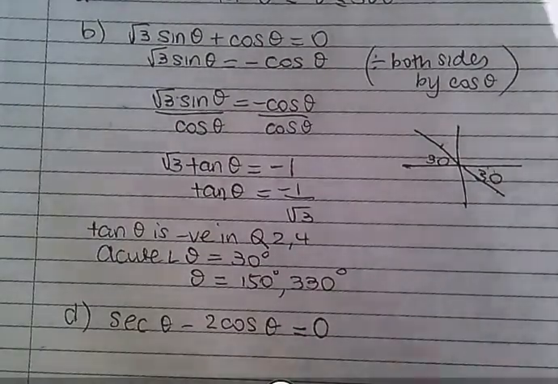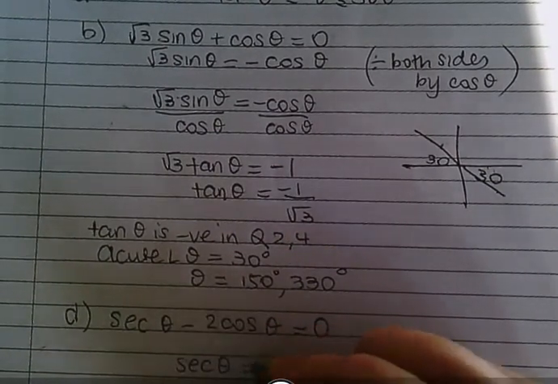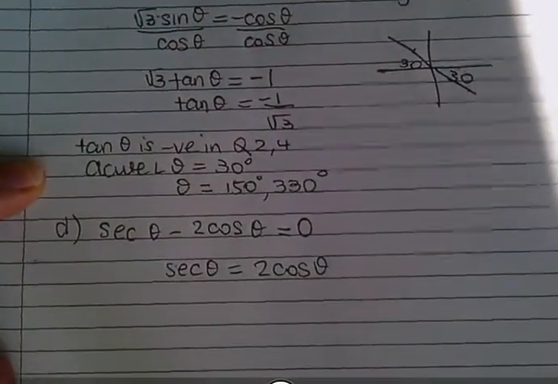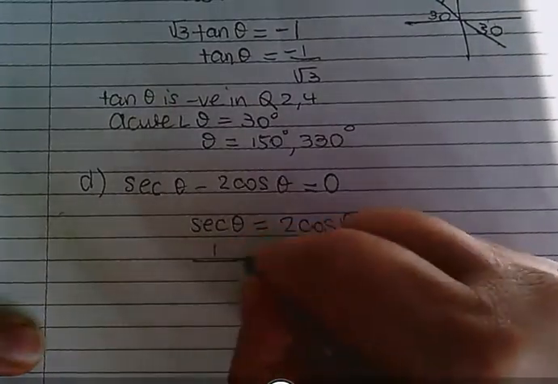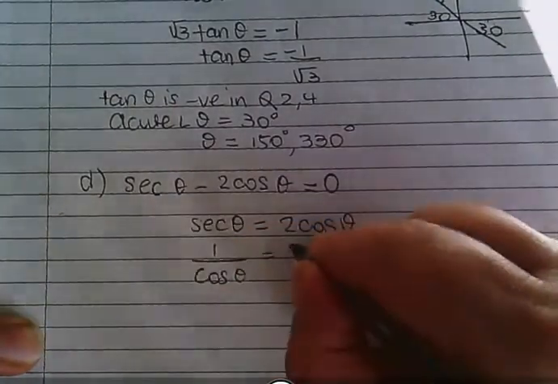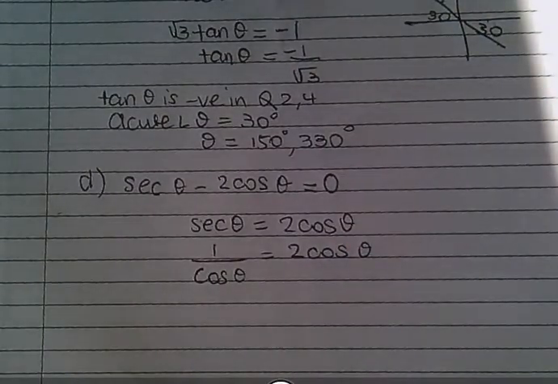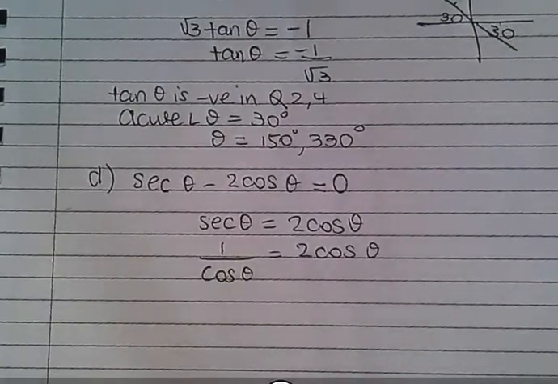All right, let's take the 2 cos theta over. But we know that sec is 1 on cos. Can you do the 1 plus tan squared? No, there's no squares here, so we don't use 1 plus tan squared. So, we've got sec theta minus 2 cos theta equals 0.